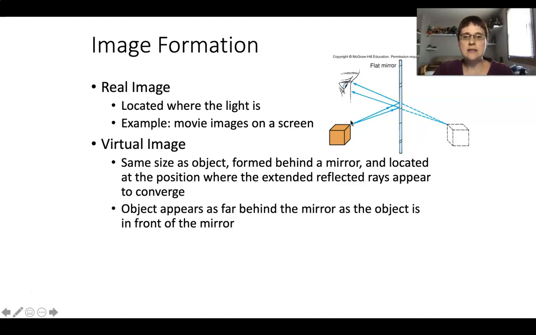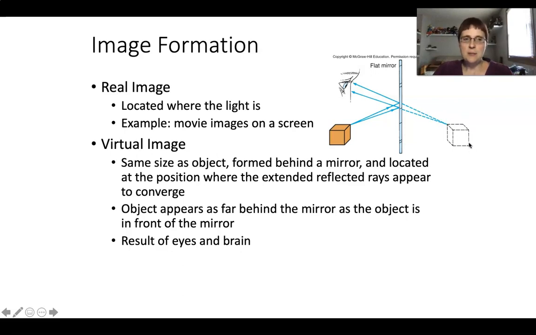So why is this? It's a result of our eyes and our brains interpreting the information that we're getting from the light. We know that object is not behind the mirror, right? But the light rays are pointing at us in such a way that our brain is like, well, no, the light is coming from this direction, so the object has to be back here.